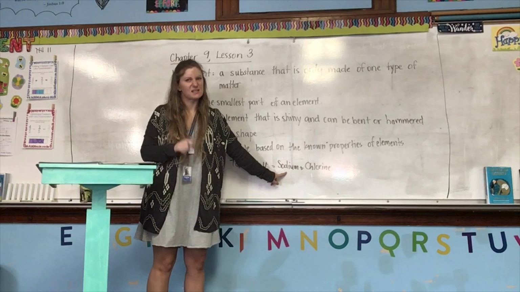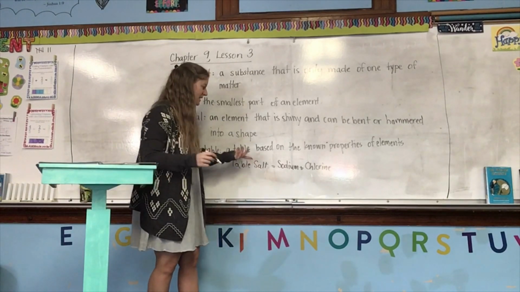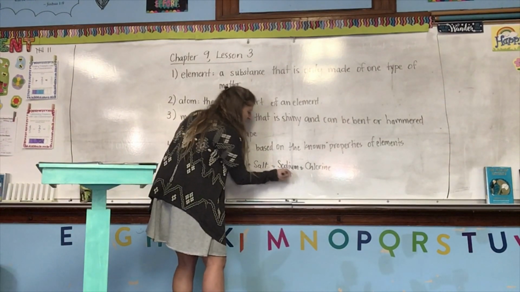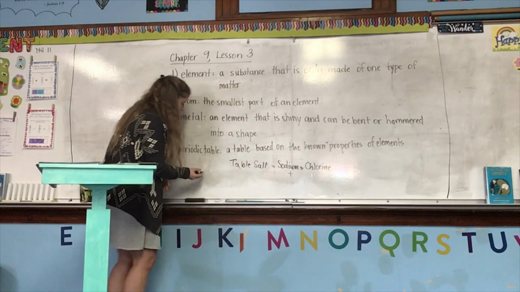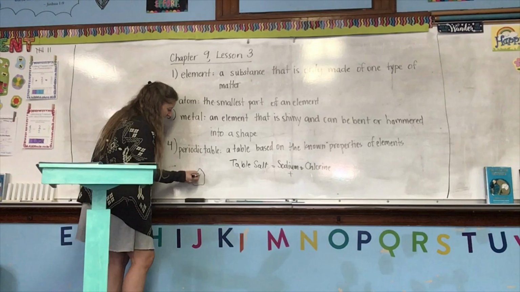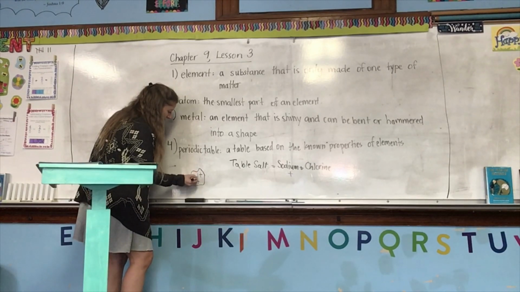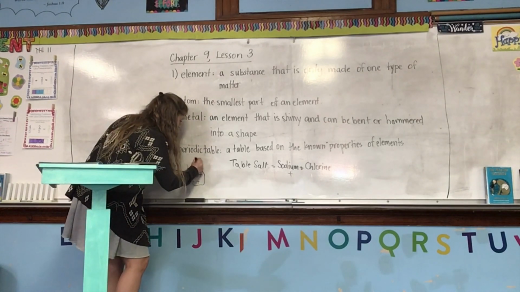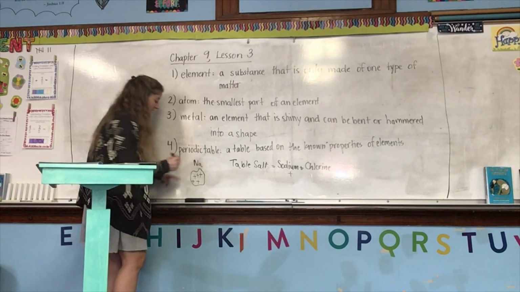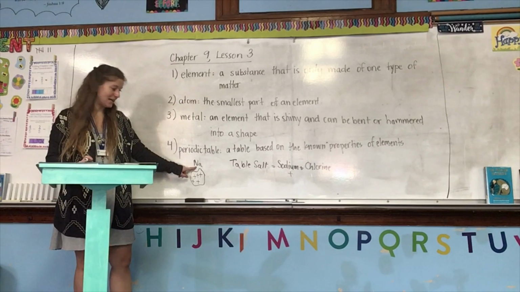Sodium's particles, this is not what they actually look like, but we will represent them as plus signs. So if we have a piece of sodium, it is made entirely of sodium atoms. Sodium looks like this. The symbol for sodium is Na.